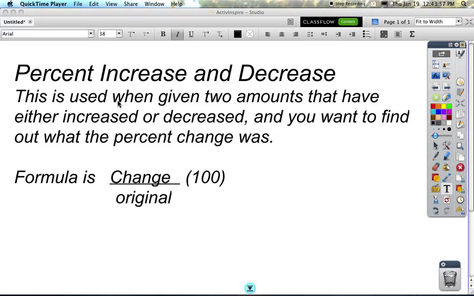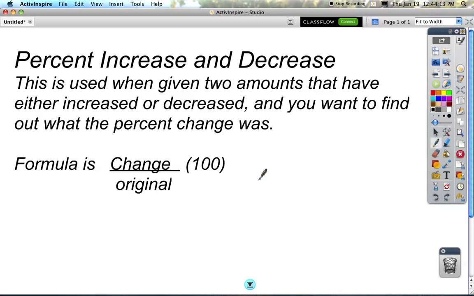We have a formula for this. And the formula is change over original times 100. When you're talking about the change, you're talking about how much did something change. You're always going to say big minus little. And the original is, I don't want to always say the first number, but it's the first occurrence.